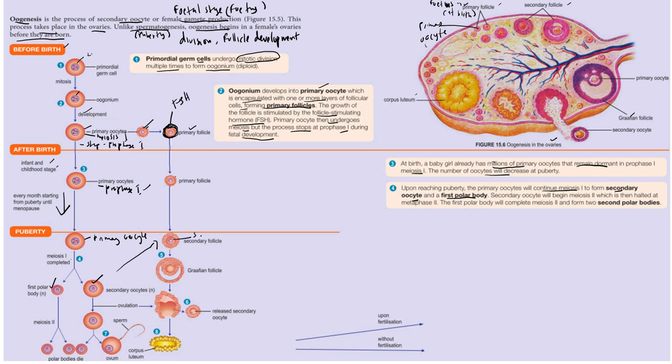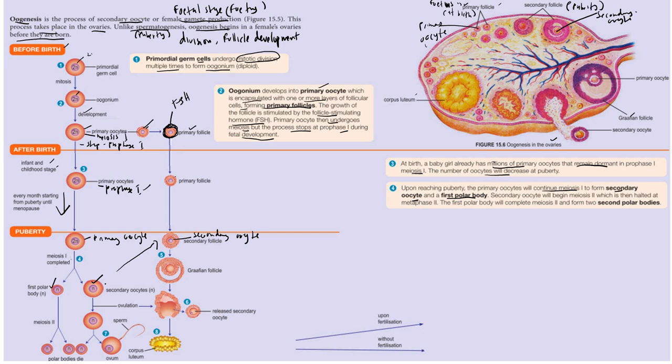Inside, we have the secondary oocyte. This can be seen during puberty. At puberty we now have this secondary follicle, and inside it is the secondary oocyte. So the meiosis is complete.